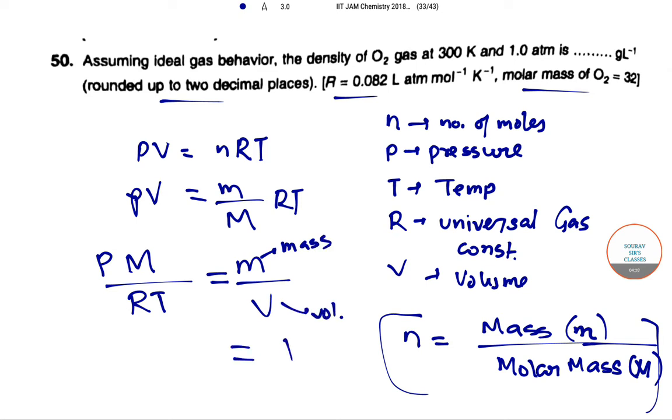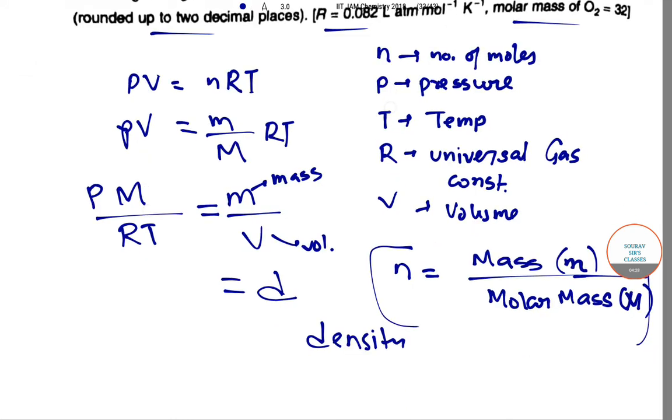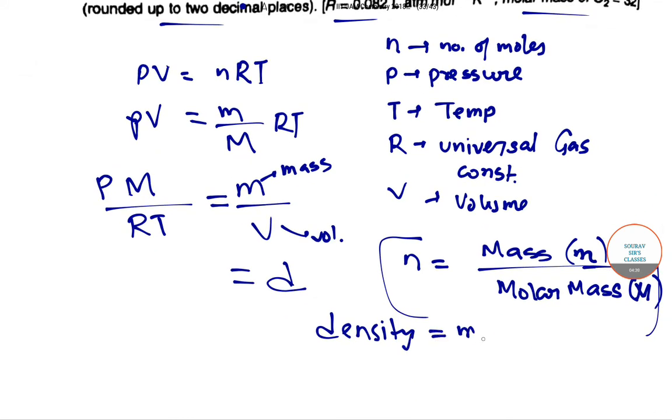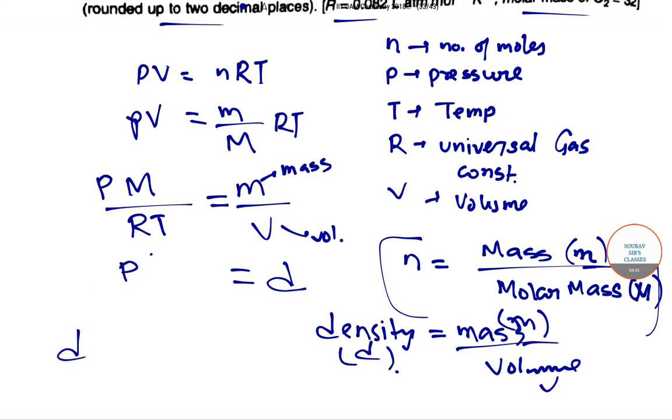So this will effectively be density, because density or D equals mass by volume. So this is D, this is small m, and this is V. So D equals P capital M by RT.